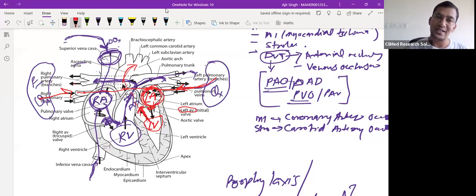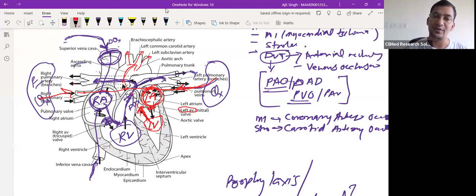As you can see here, this is the brachiocephalic artery, which is carrying blood to the back side of the brain, and then the left common carotid artery, which is also carrying blood to the brain. The subclavian is carrying the blood to where, guys?